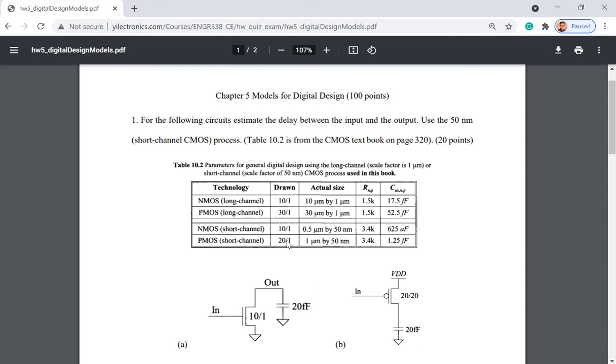And yeah, it should be larger actually. Sorry, I made a mistake in the grading. It should be 3.4K times 20, right? And for the capacitance, it should be larger because the area is 20 times larger.